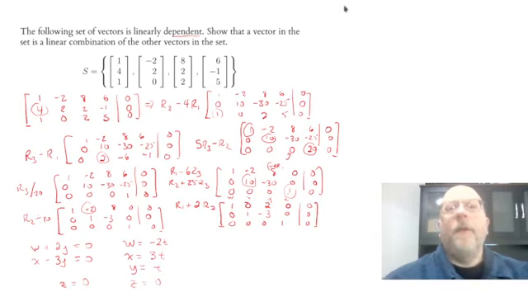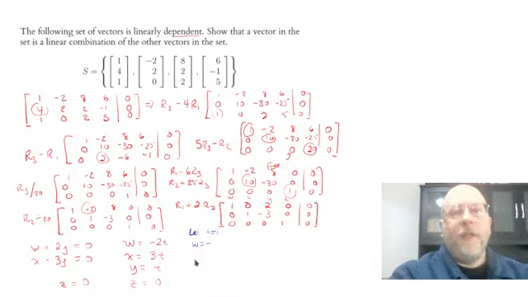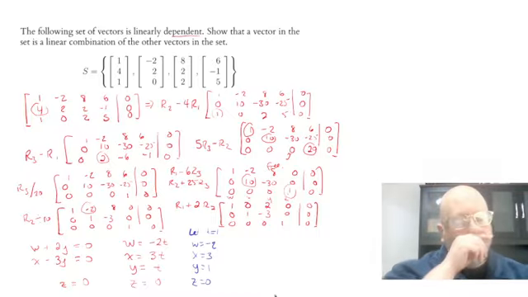All right. So we now have a linear combination that adds up to 0. If I let t be 1, w is negative 2, x is equal to 3, y is equal to 1, and z is equal to 0.